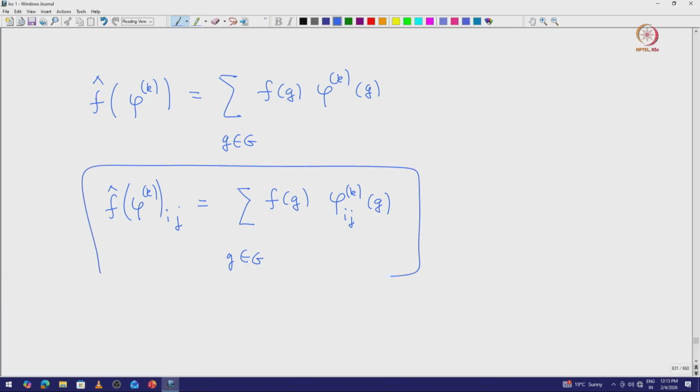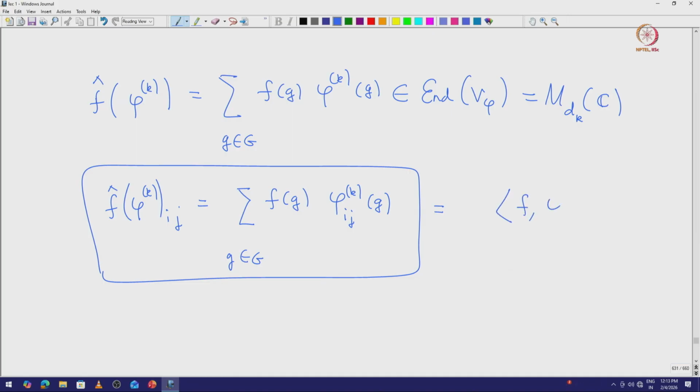So, this is the ij-th entry of this matrix, which is an element of endomorphism of V phi k, or you can treat it as an element of M_dk(C). Now, you can see this is exactly the inner product f comma phi i j k, with the multiplication by n, where n is the cardinality of G. So, the Fourier transform of f is indeed recorded by all possible inner products between f and the matrix coefficients.